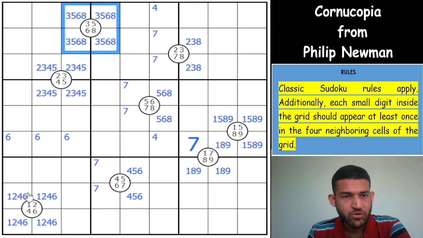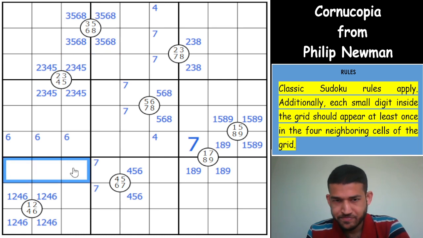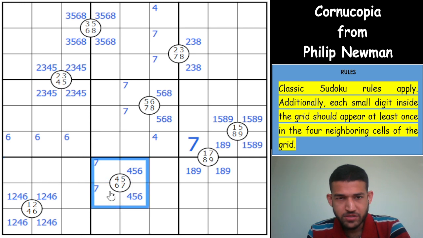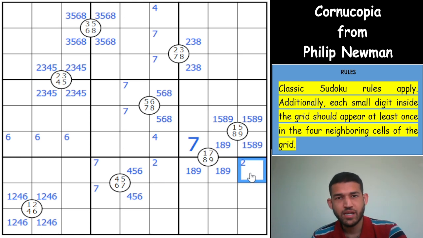Similarly, I don't have 2 in any of these cells, and I can't have 2 in this 2 by 2 area, so 2 is in these 2 cells in row 7. Okay, still nothing.